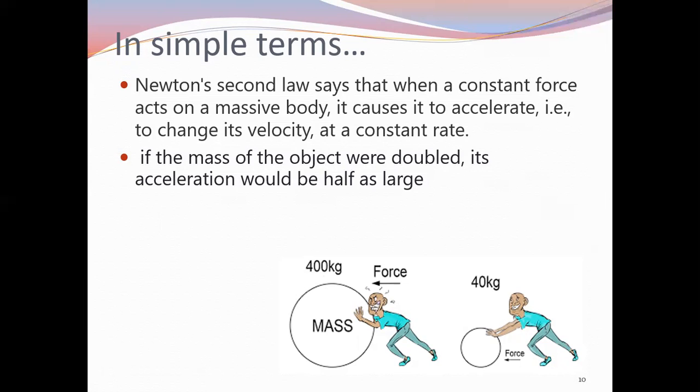A force applied to an object at rest causes it to accelerate in the direction of the force, in this case right to left. Acceleration is essentially cut in half simply because the mass is larger. And the word inverse simply means the reverse or the opposite.